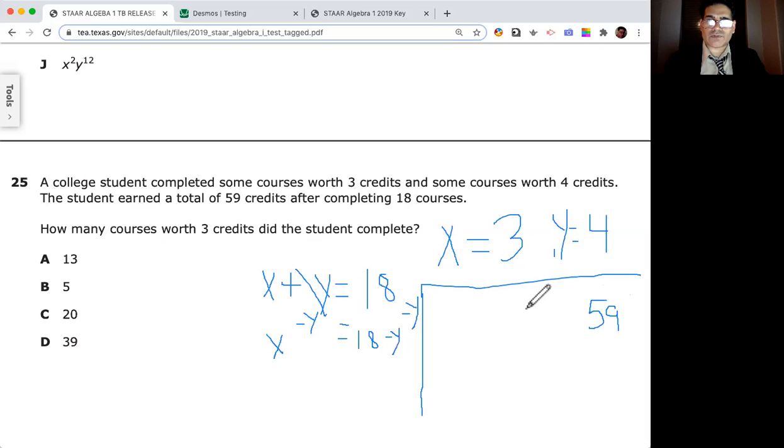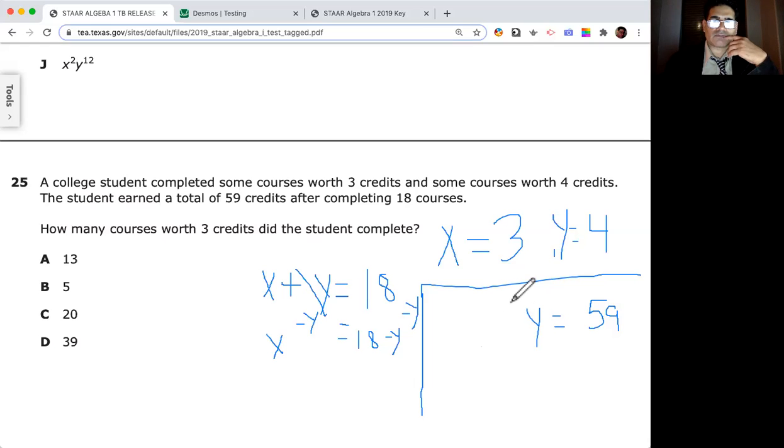There are credits worth y, and there are credits worth x. So x is 18 minus y. How many credits? How many 3 credit courses does the student take? Okay, a 4 credit course.